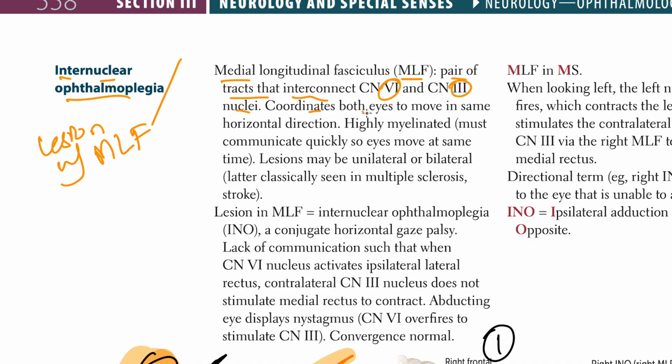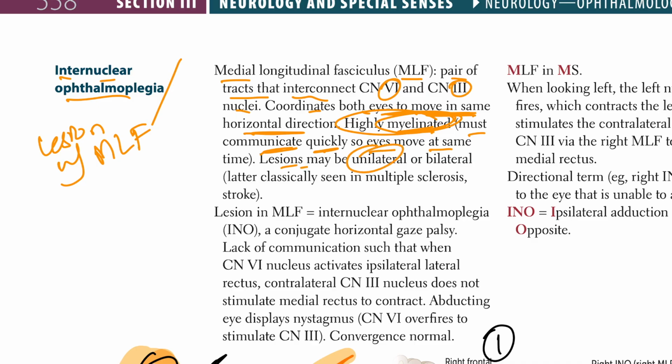They coordinate both eyes to move in the same horizontal direction. They're highly myelinated. Why? Because they want to have quick communication between each other. Must communicate quickly, so I move at the same time. If you move towards the left right now, look, there is no difference because of that high myelination, right?